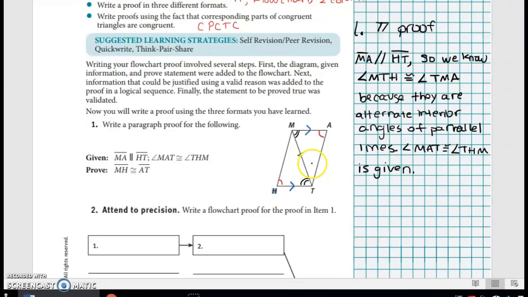So the next part, I can say, from the diagram, MT is congruent to segment TM, because it's a side in both the triangles. It shares the side.